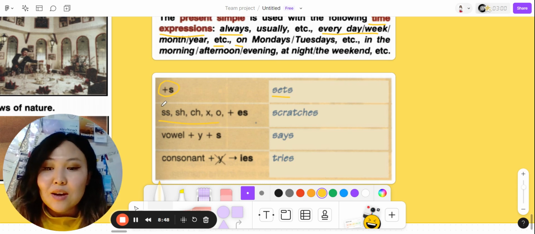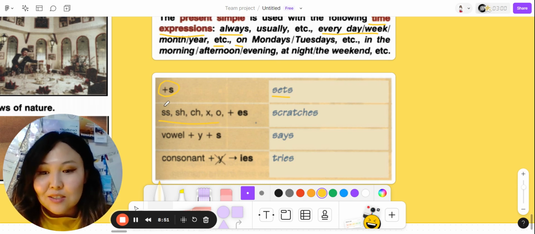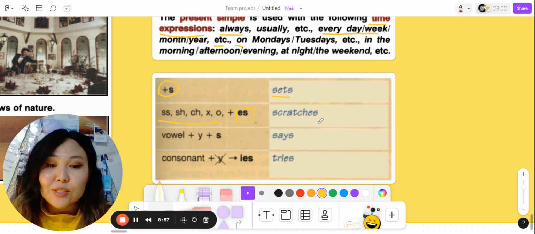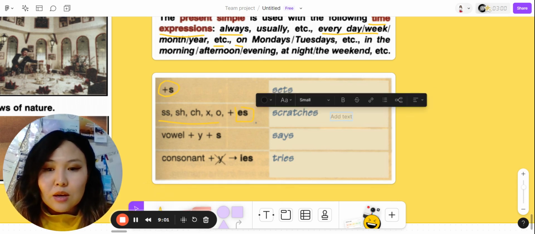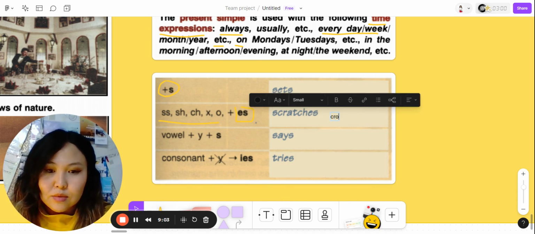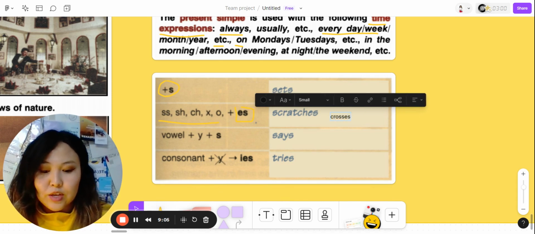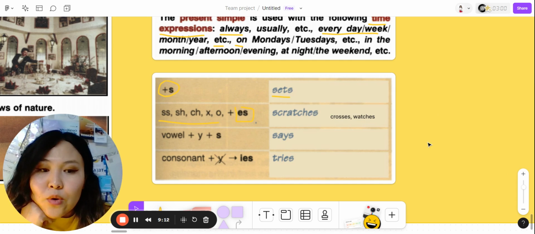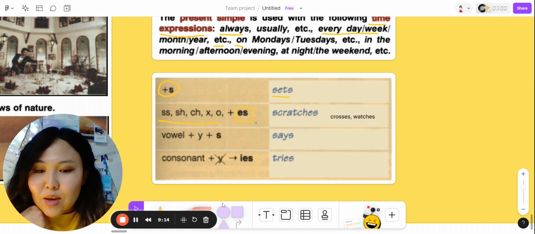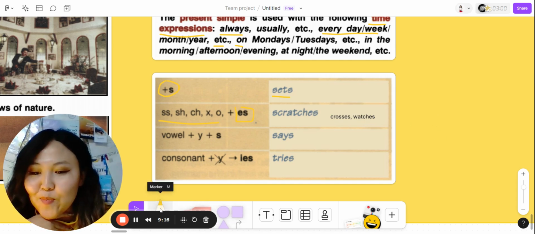If we have verbs ending in these letters, we usually add es to our verbs. Here we have an example. For example, you have scratches. I can add one more. Let it be crosses, like he crosses the road every day, or she watches series on her laptop. Yeah, it's about me. I always watch some series on my laptop.